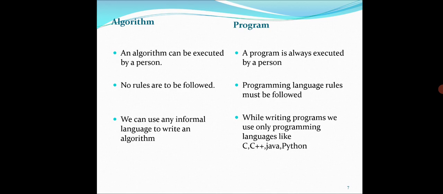An algorithm can be executed by a person. A program is always executed by a computer. No rules have to be followed in an algorithm. In a programming language, the rules must be followed. Algorithm: we can use any informal language to write an algorithm.